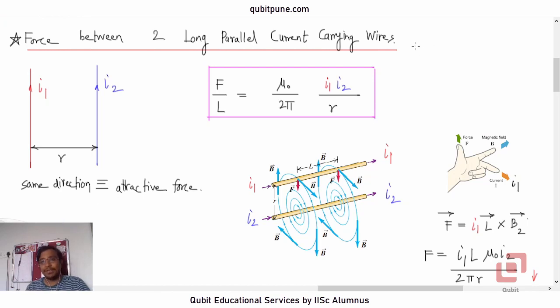So how to define 1 ampere? 1 ampere can be defined as the current that flows through both these wires, which are separated by a distance of 1 meter, where the force per unit length is 2 into 10 raised to negative 7 Newton per meter. When that happens, I1 and I2 both become equal to 1 ampere. Right, so that's how you can define 1 ampere.